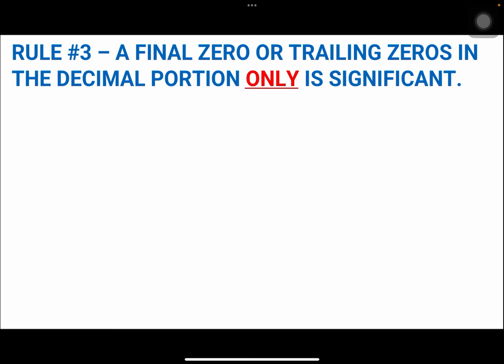So magiging significant lang siya kapag nasa decimal portion only siya. Okay? For example, 92.00. Even na meron tayong zero number, pero nasa decimal portion siya, we will count it. So we will have 4 significant figures. Pag nasa decimal portion, ito yung whole number, nandito yung decimal portion.